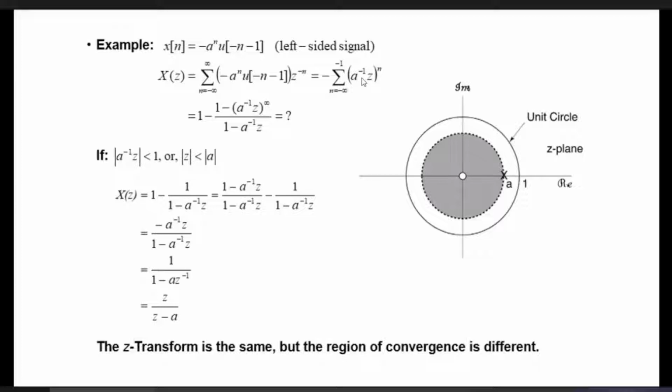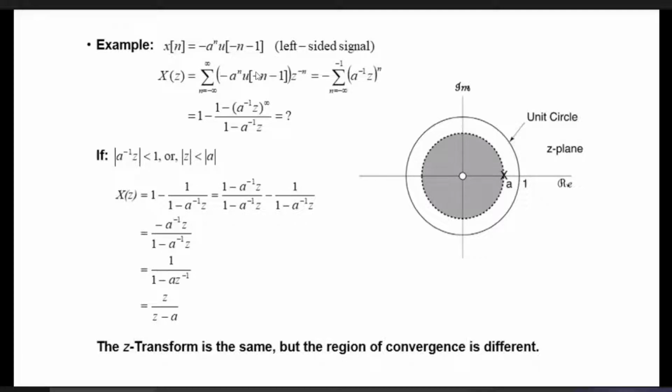So here, since it is minus a to the power n z to the power minus n, and since n is totally negative, we just take the limits of n from minus infinity to infinity, keeping a inverse z. So for n negative, this exists, and what should be the value of it?